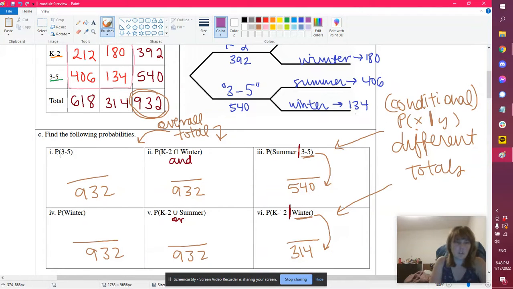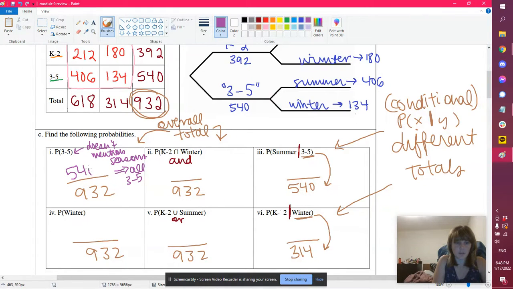So the probability that you're in 3rd through 5th, it doesn't mention seasons, right? It doesn't say anything about summer or winter, so it wants all 3rd through 5th graders.